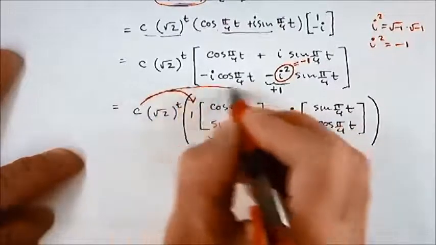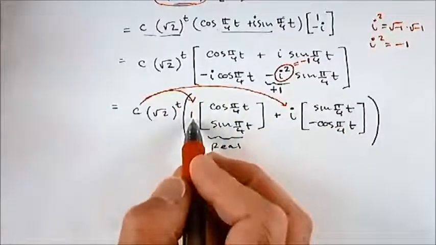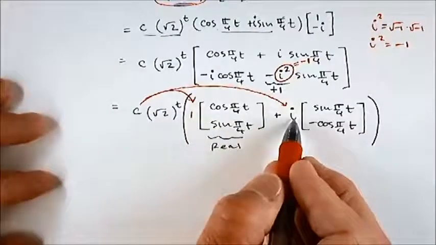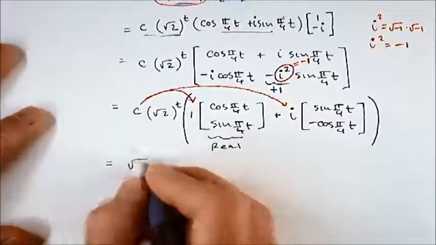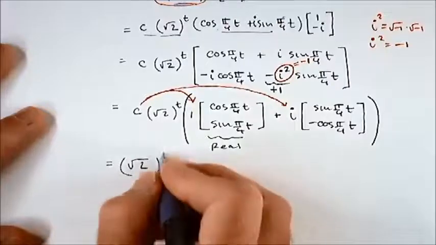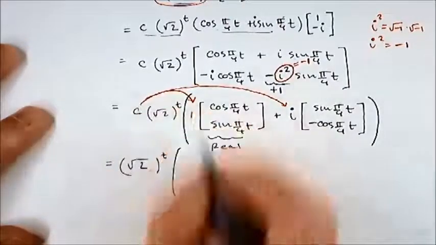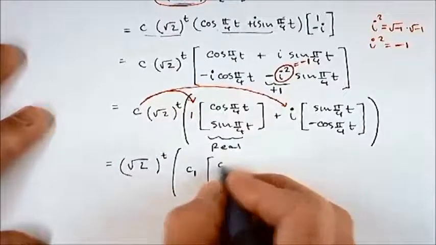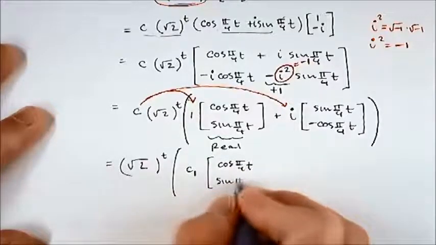If I distribute this, C times 1 is just C. It's just a constant. But C times i, I'm going to pretend that's a different constant. So if I distribute this, here's what I get: root 2 to the t, parentheses, C times 1, I'm going to call that C1 now, times cosine pi over 4t, sine pi over 4t.